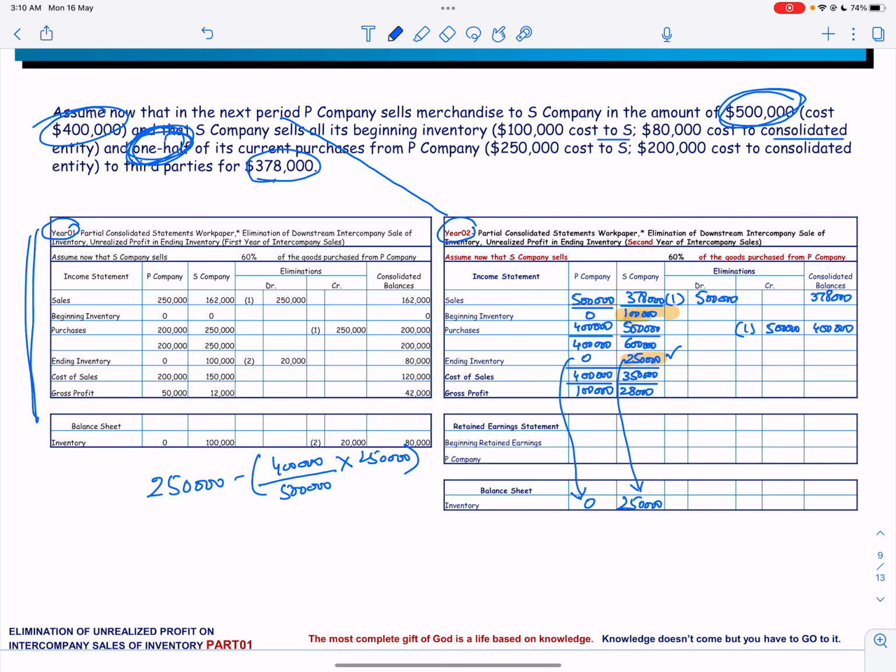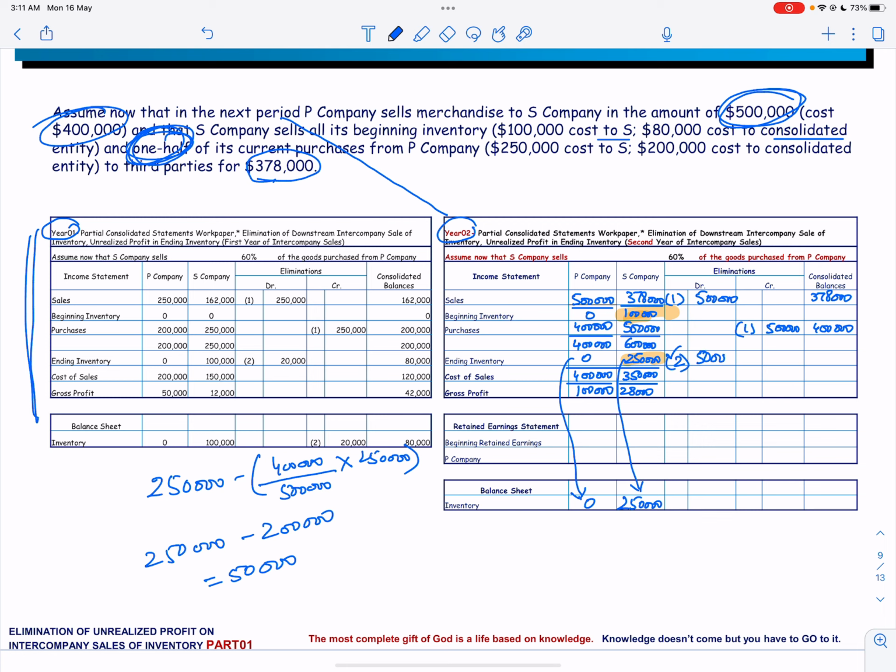So that is 250,000 minus 200,000, which makes 50,000. So the ending inventory in the income statement will be debited to reduce by 50,000, and this is transaction number 2.